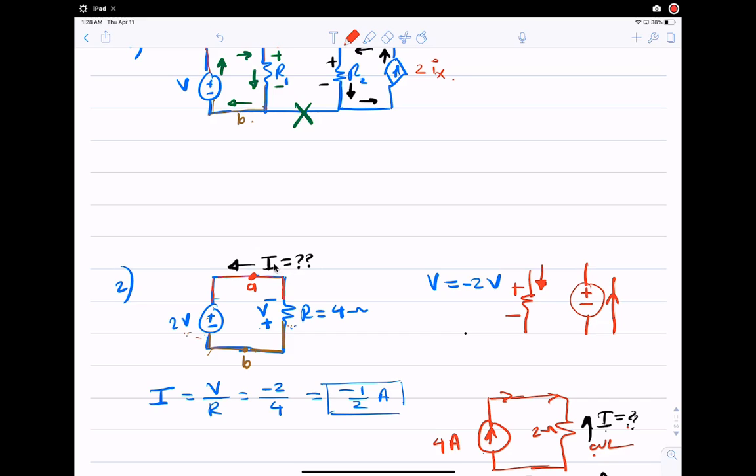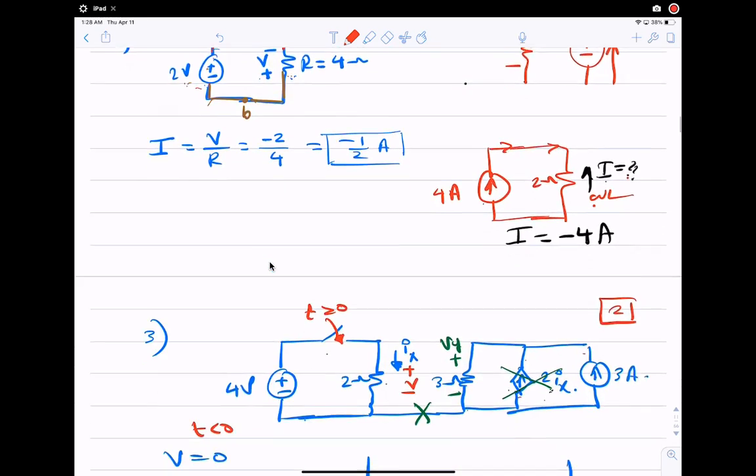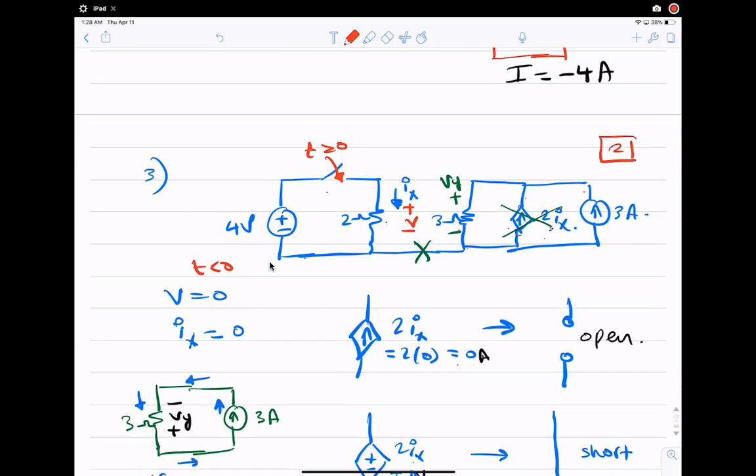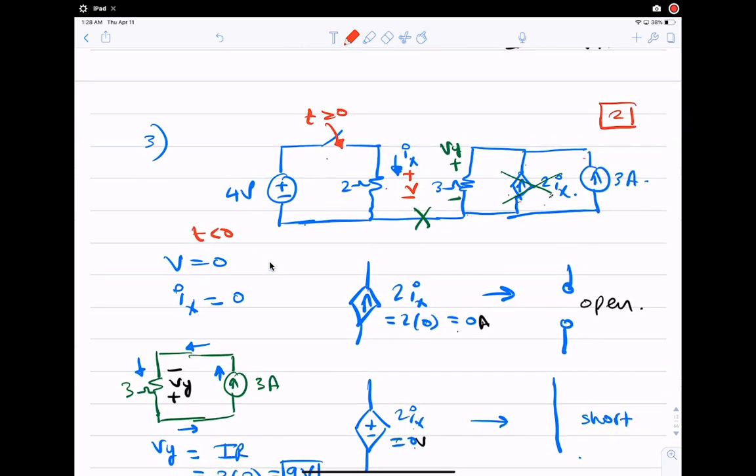So this current, since it's moving in the source, and this is the only source in the circuit, I'm gonna call this a negative sign. Okay, we will discuss how to find the current later on, but I'm just focusing on how to know if it's a positive or negative, and this trick is important. Usually some missing points would be taken off the students.